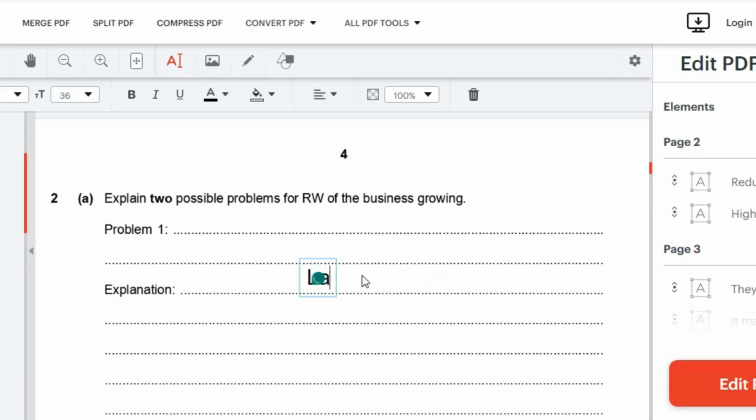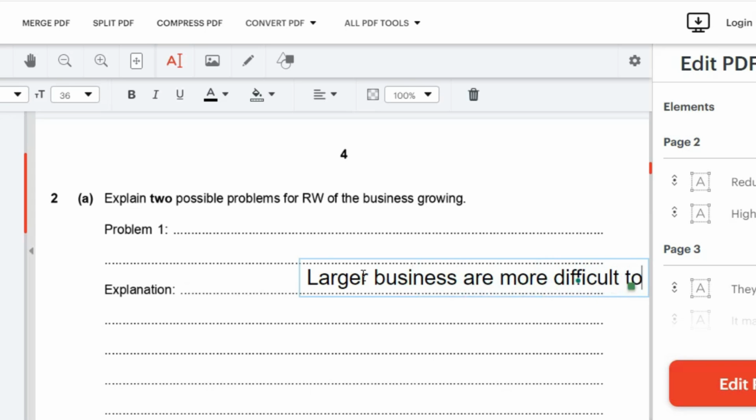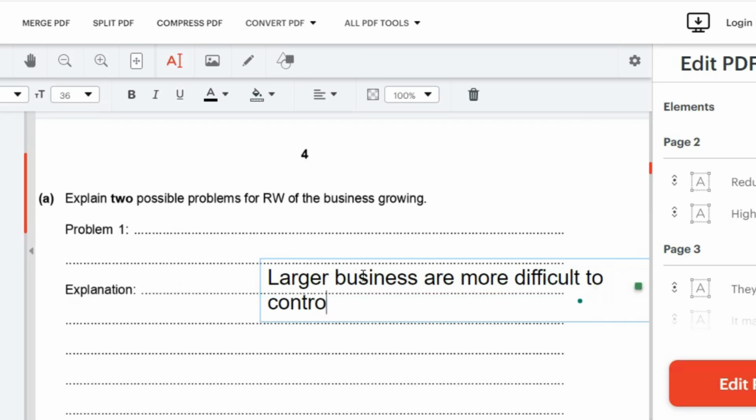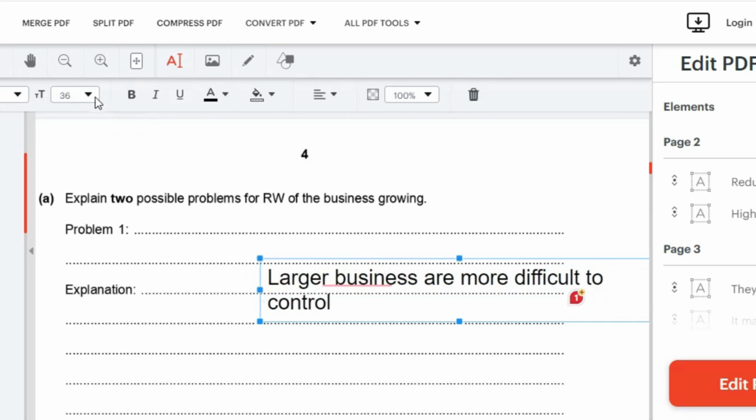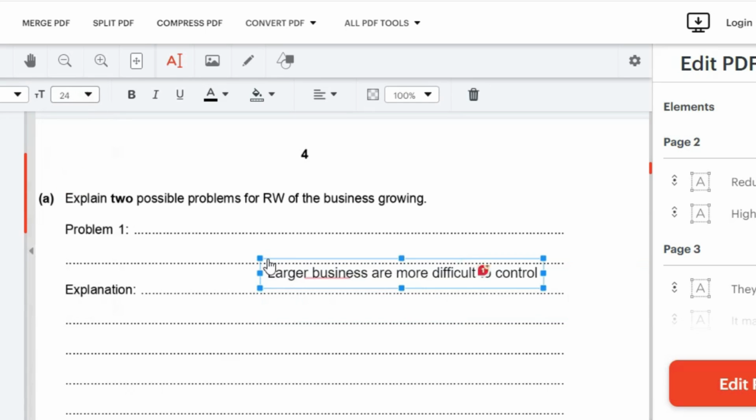Larger businesses are more difficult to control. Why are they difficult to control according to this problem number one?